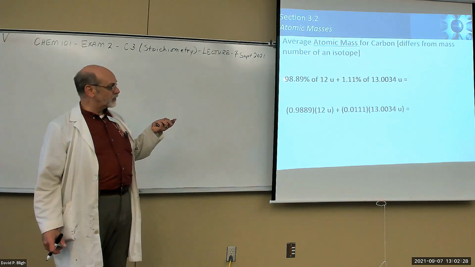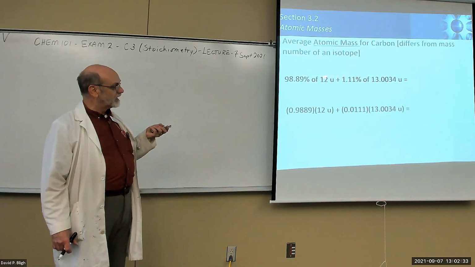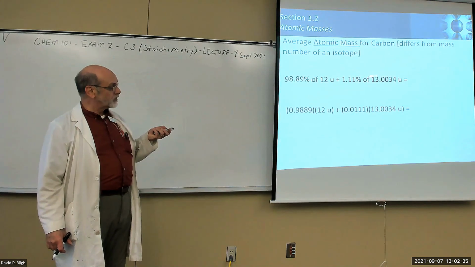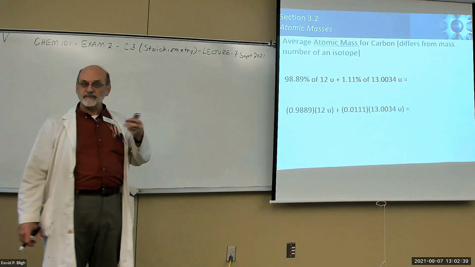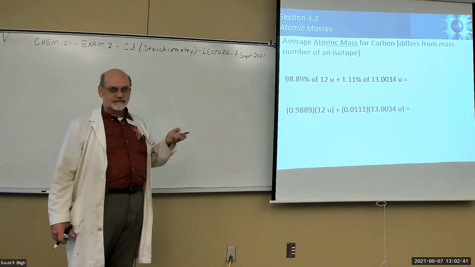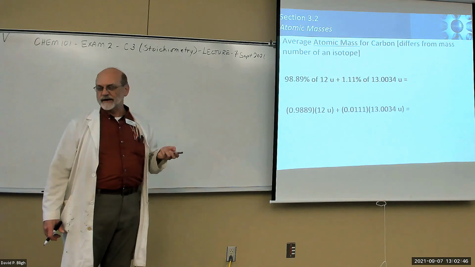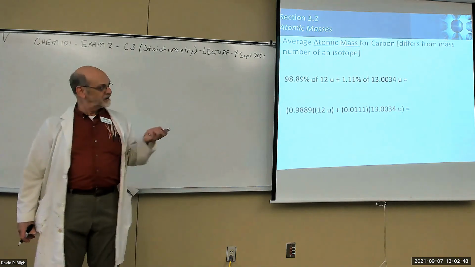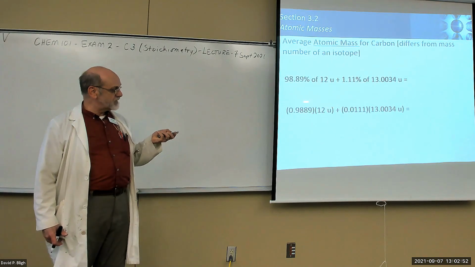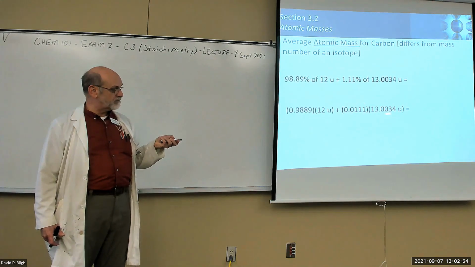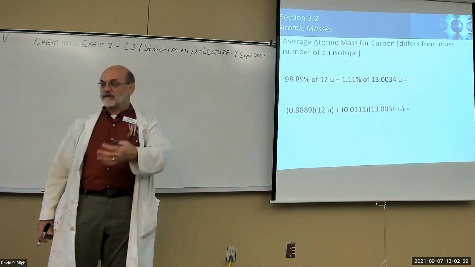I was using the decimal equivalent of percent. And this isotope, which is not a whole number, because it's compared to this parent value, is 0.0111 fraction of that value. Right? So this is going to be a major contributor, and this is going to be a very, very minor contributor to the average mass of the average atom.